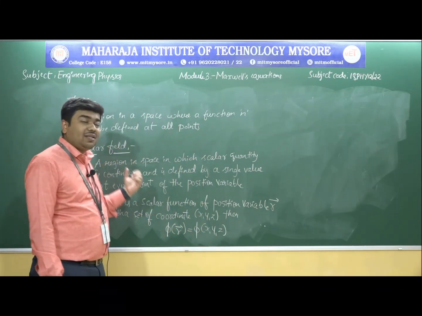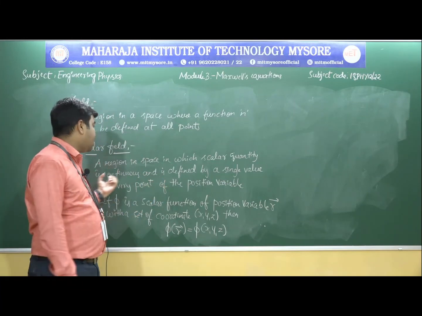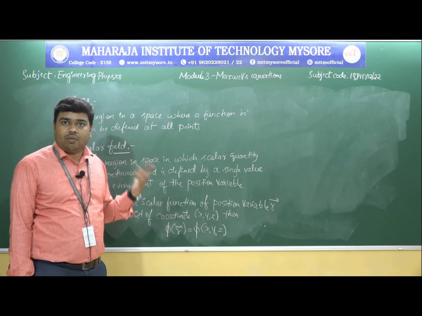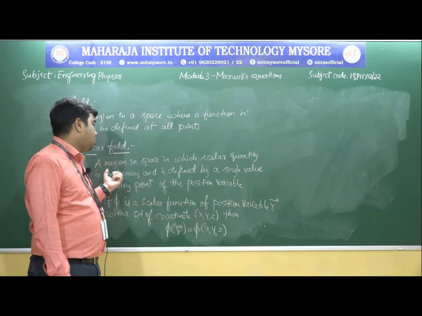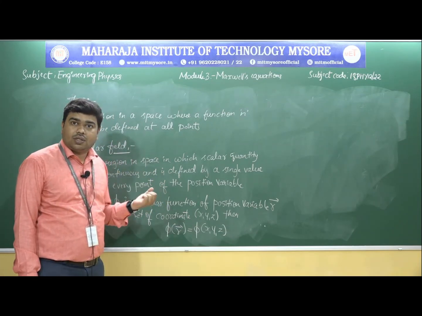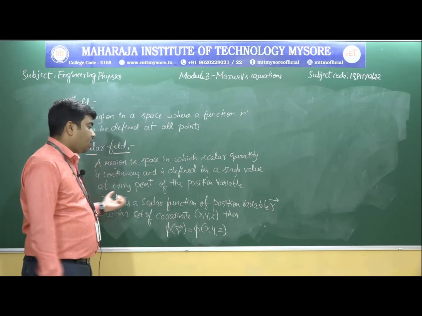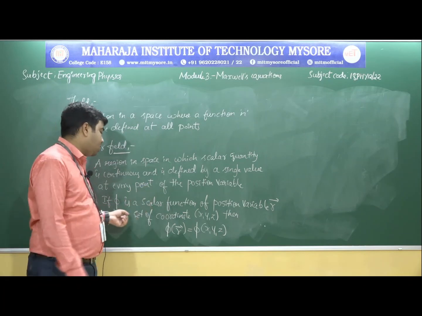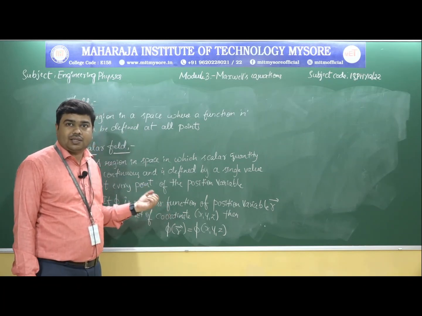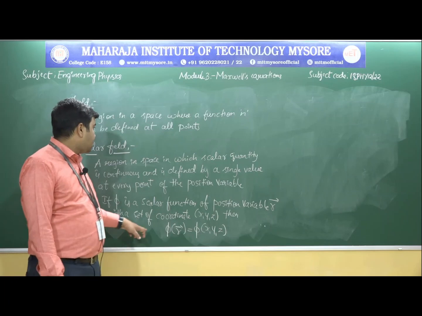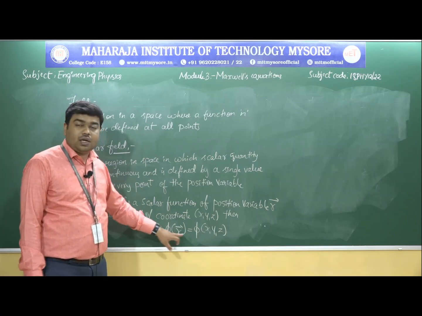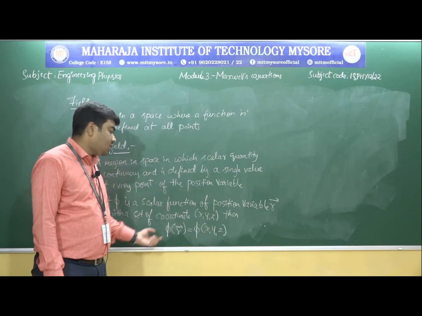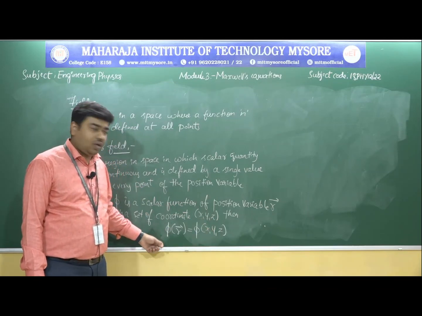I repeat, a region in a space in which a scalar quantity is continuous and can be defined by a single value at every point in the position variable is called a scalar field. Now if phi is a scalar quantity and the position variable r can be represented by a set of coordinates as x, y, z, then the scalar field phi of r can be written as phi of x, y, z. So this is how we can represent a scalar field.